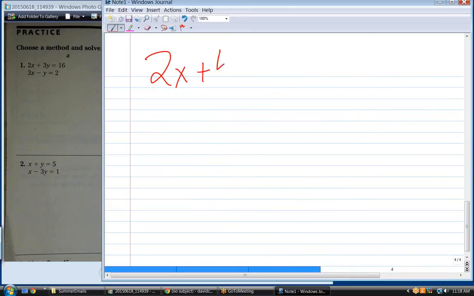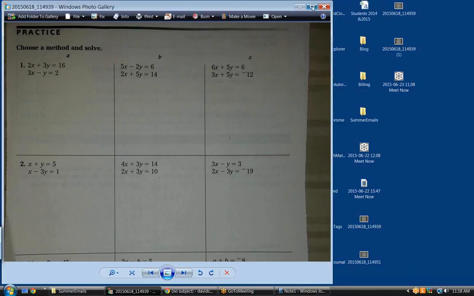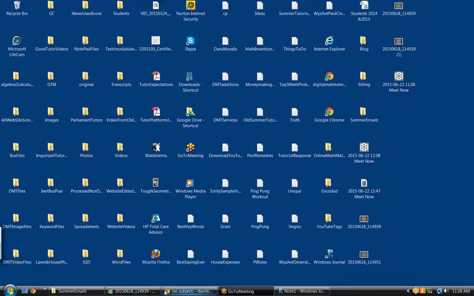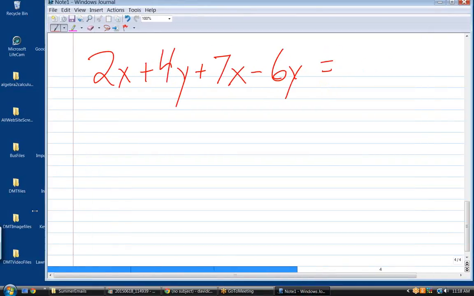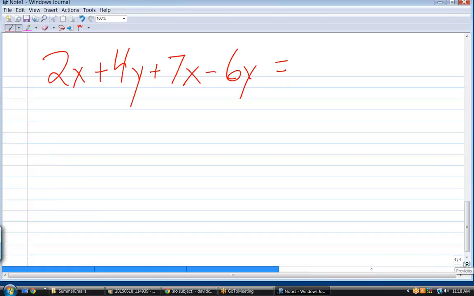I want you to simplify this. Here, let me even get rid of what I have in the background. All right, I'm just going to write the problem here and ask you to simplify that.